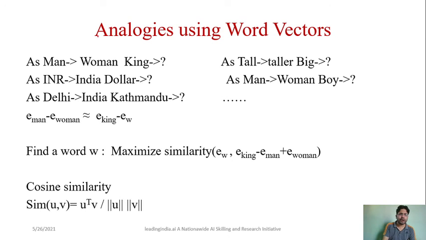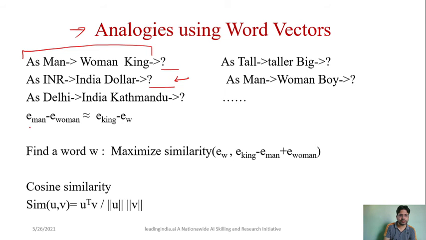Now you can ask how this embedding is useful. So let's look into some analogy here. Suppose you are saying man, woman, then king. Now with this analogy, if you look into your thought process, you can easily find out here it should be queen. Similarly, if you are saying INR, India, then dollar, you automatically figure out it will be US, because you are taking properties from here, right? So now how will you find this correct word?